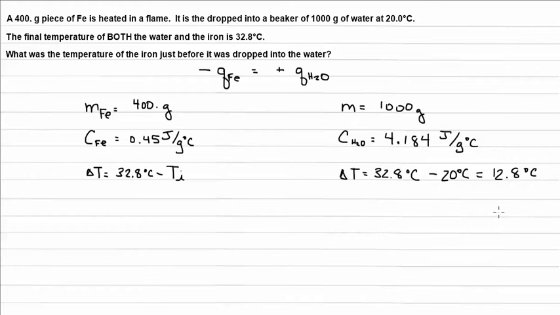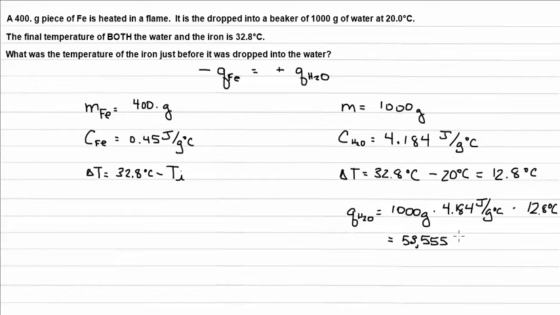Now we're ready to plug these things in. Let's solve for the Q of the water first. That's going to be 1,000 times 4.184 times 12.8. So the Q of the water is equal to 53,555 joules.